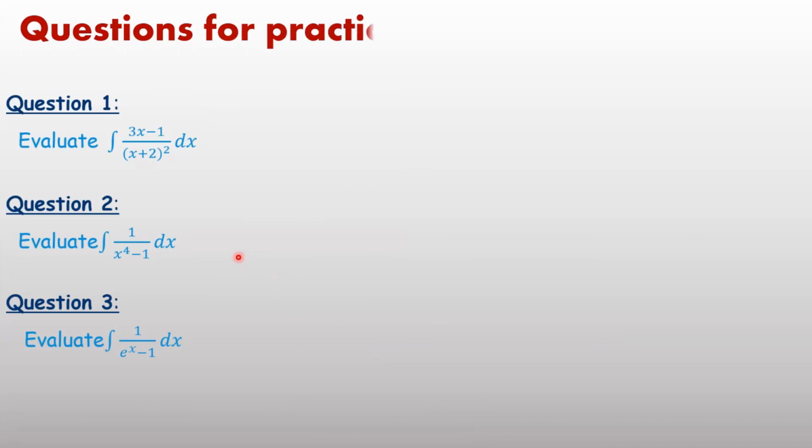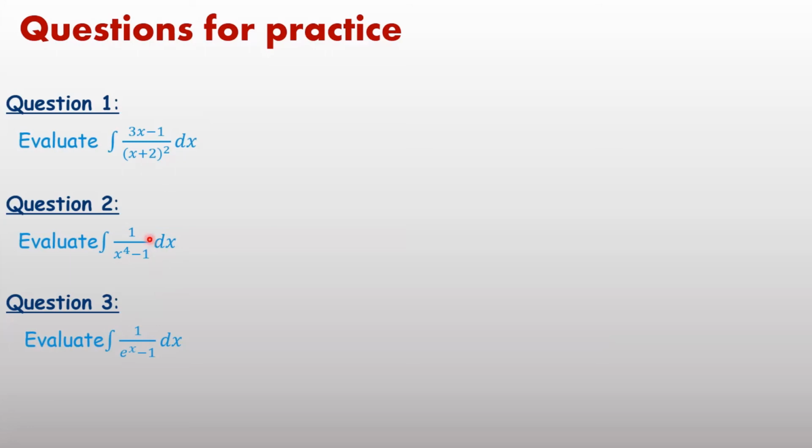Now, some questions for practice. In the first question, evaluate integration of 3x minus 1 upon x plus 2 whole square dx. For partial fraction, we will assume 3x minus 1 upon x plus 2 whole square as a upon x plus 2 plus b upon x plus 2 whole square.